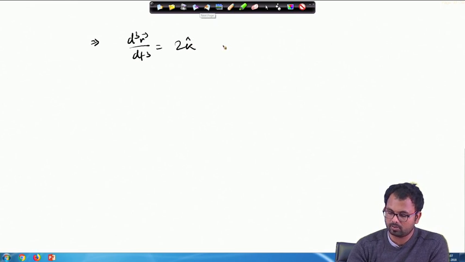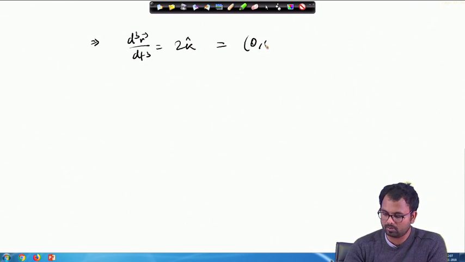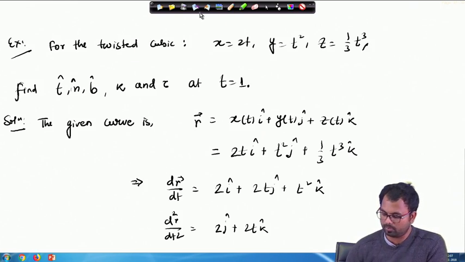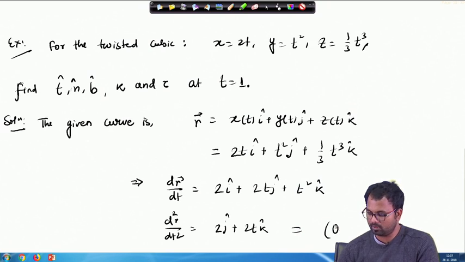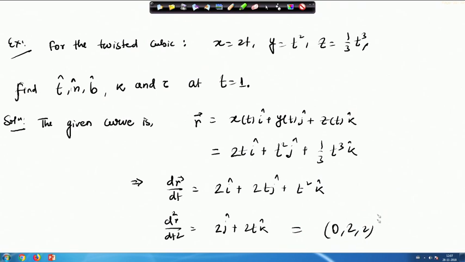So, this is ultimately (0, 0, 2), previously it was (0, 2, 2t), and this is (2, 2t, t squared).